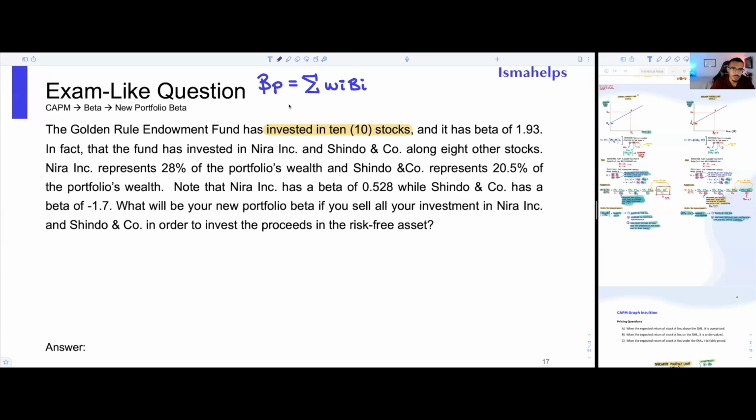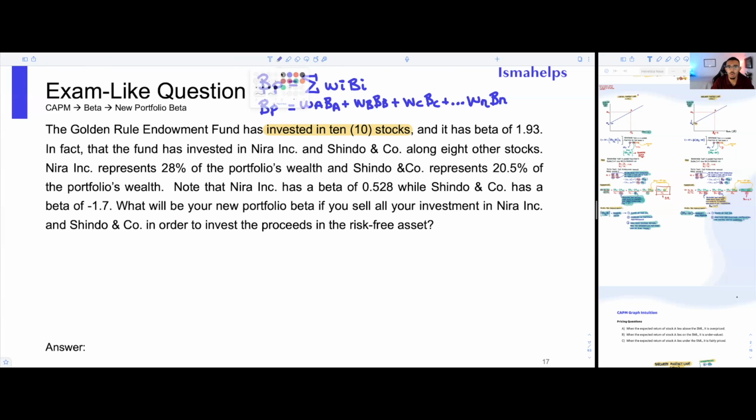We could write that the beta of a portfolio is simply the weight of asset A times the beta of asset A, plus the weight of asset B times the beta of asset B, plus the weight of asset C times the beta of asset C, plus three little dots to highlight continuity, that we repeat this methodology all the way to the weight of the nth asset times the beta of the nth asset.